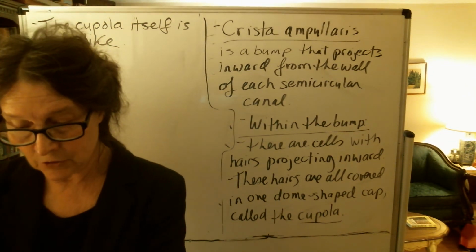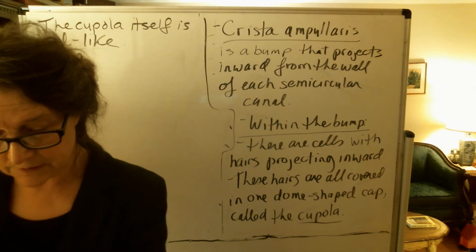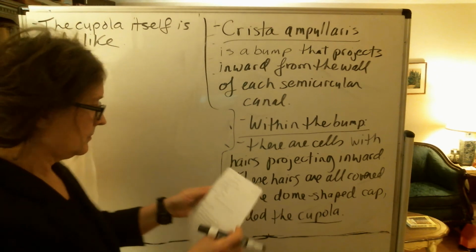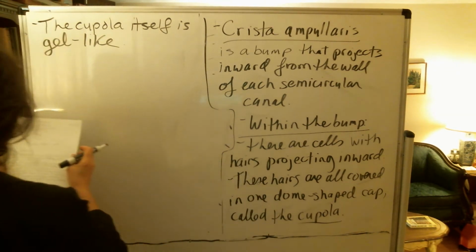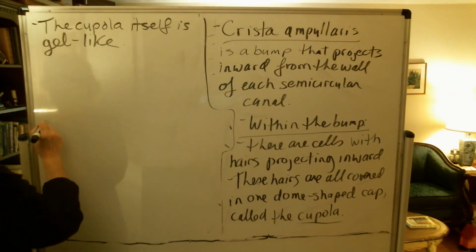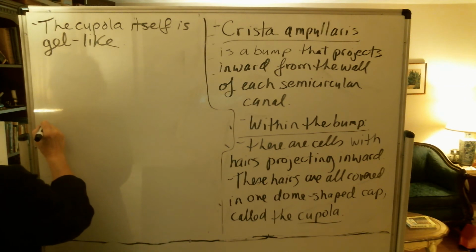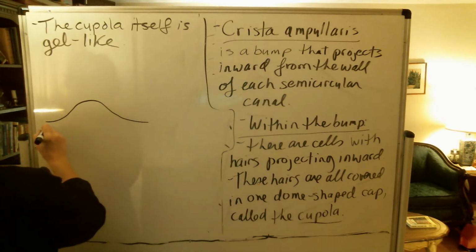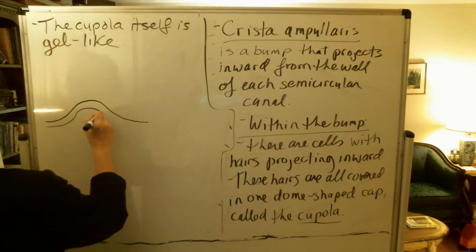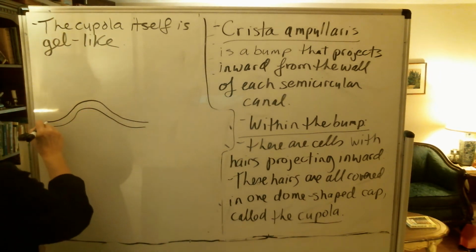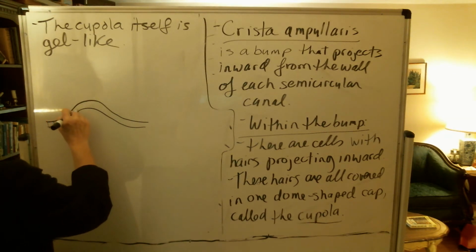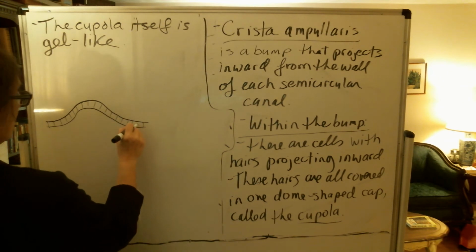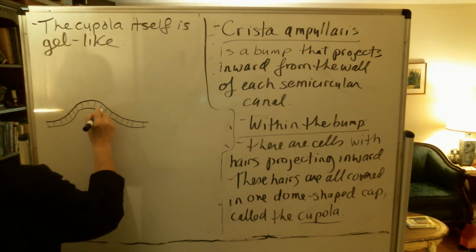So now I'm going to try and draw you a picture of this. I'm going to start with the bottom of the bump. There we go. So these are support cells. Each cell has a nucleus, of course.